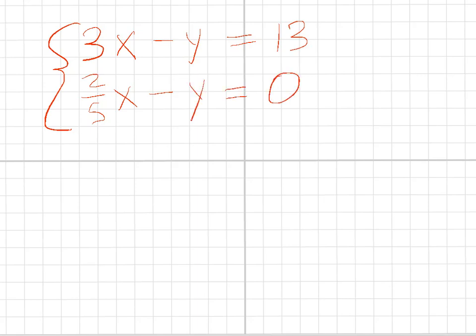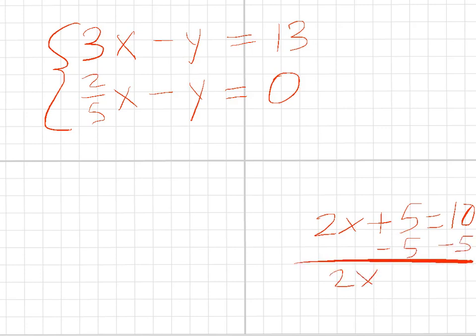The first thing that we're going to talk about is, what is a solution? How do I solve that? Before, if you had an equation 2x plus 5 equals 10, you would solve that for x. You'd subtract the 5, and you'd have 2x equals 5, or x equals 5/2. Divide by the 2. That's your old thing.